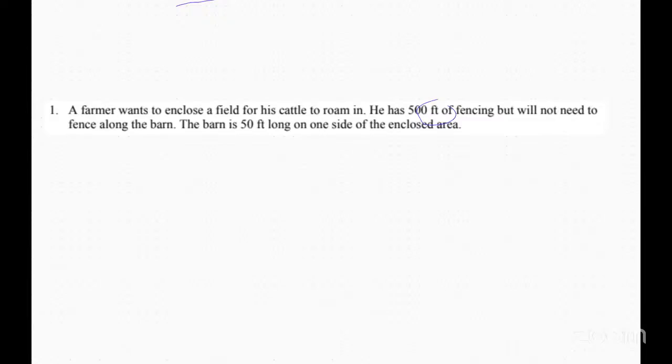The barn is 50 feet long on one side of the enclosed area. So let's say that this is 50 feet. Doesn't really matter where you put the fence, but I'll make the fence red. So he's got 500 feet of fencing with the 50-foot barn, and he wants to maximize the enclosed area.